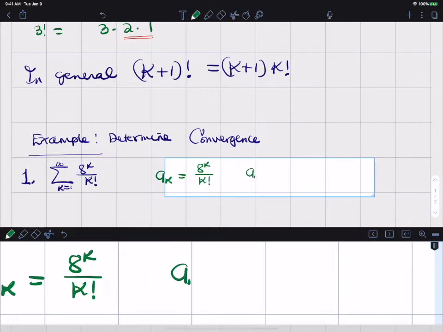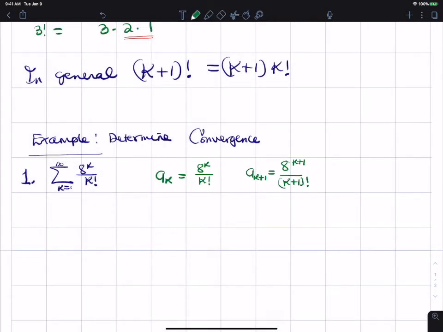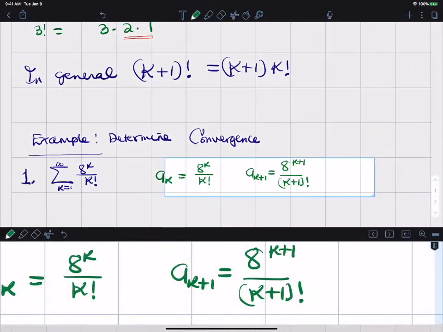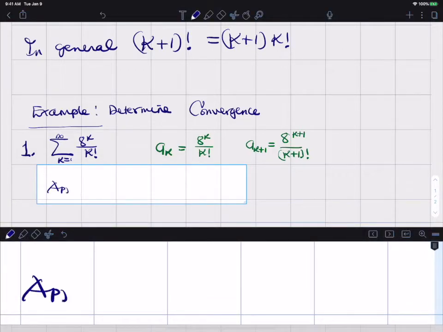So we have our a_k here is 8 to the power of k over k factorial, so a_(k+1) is just to replace all the k's with k plus 1. Okay, so now let's apply the ratio test.